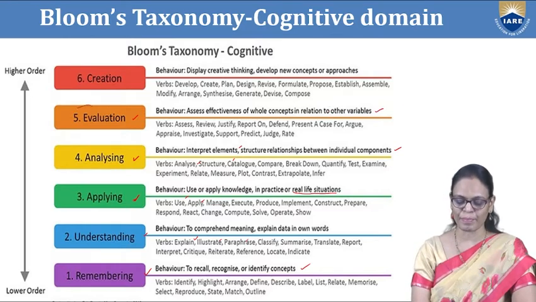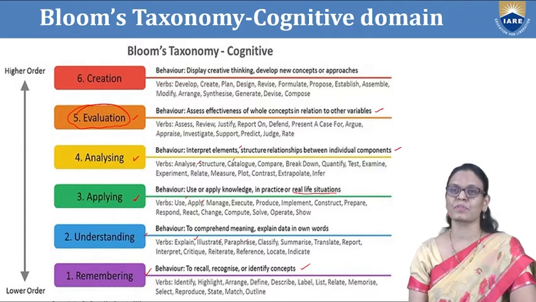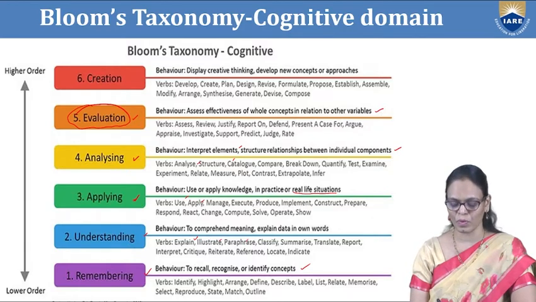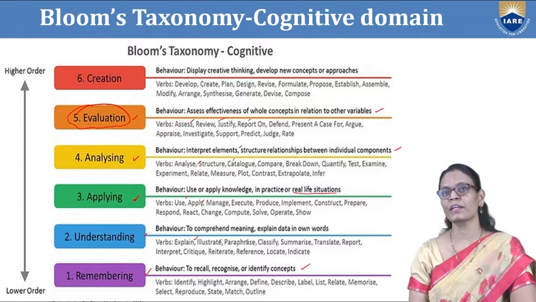I gave you the example of gallium arsenide and silicon, where the whole concept in relation to other variables is being assessed. So assess, review, justify, defend, present, all these verbs are used at this level.